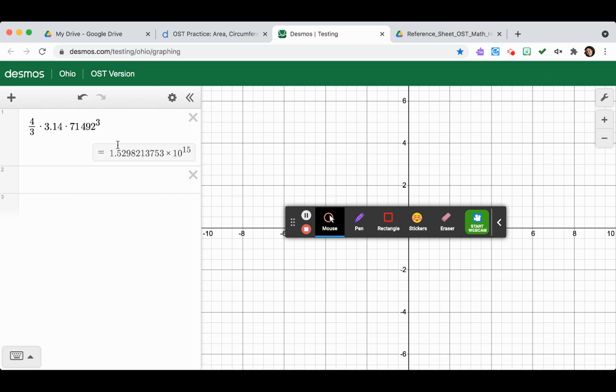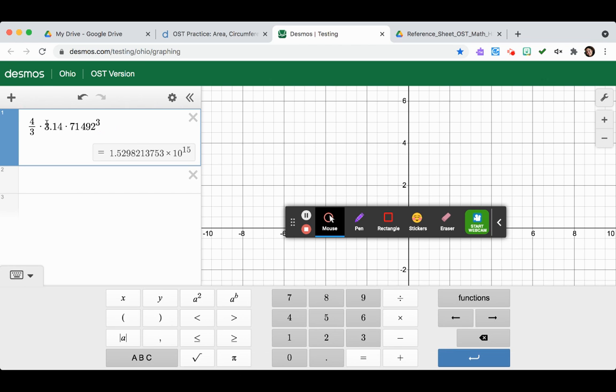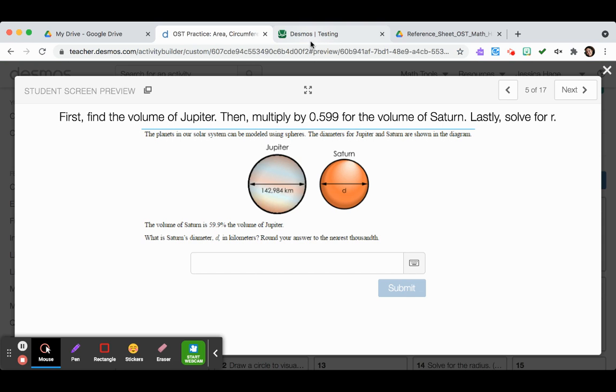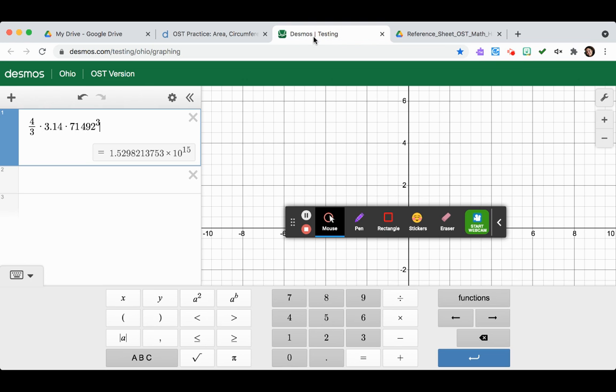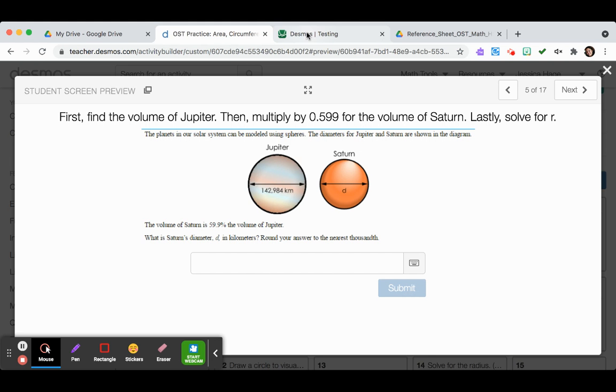From the number that we have, we're going to multiply this by 0.599. We're going to keep it all in the same row. We don't want to retype it or copy it.